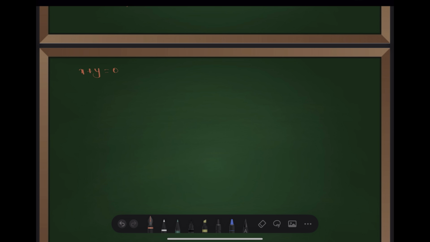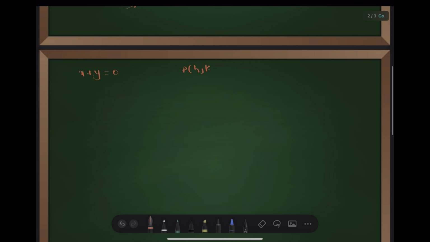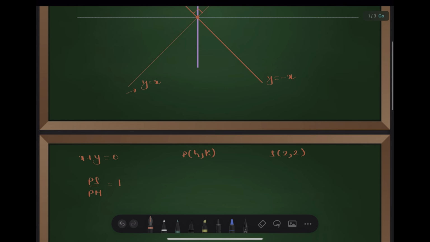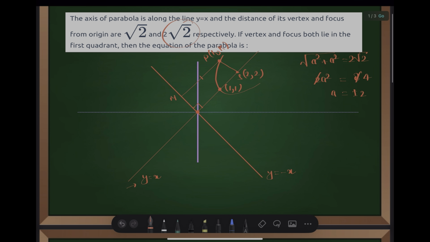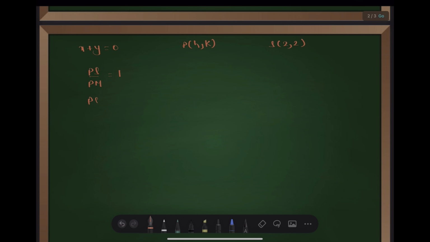The point on the curve P I have assumed to be h comma k, and the focus S was 2 comma 2, है ना? So can I say PS upon PM is equal to 1, because you know that the ratio of the distances should be 1? Can I say that PS is equal to PM?